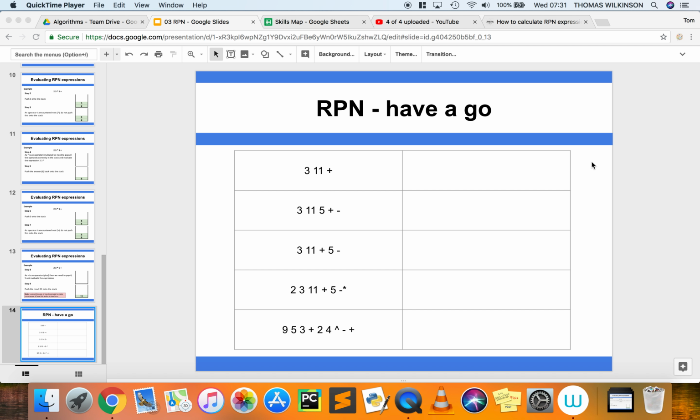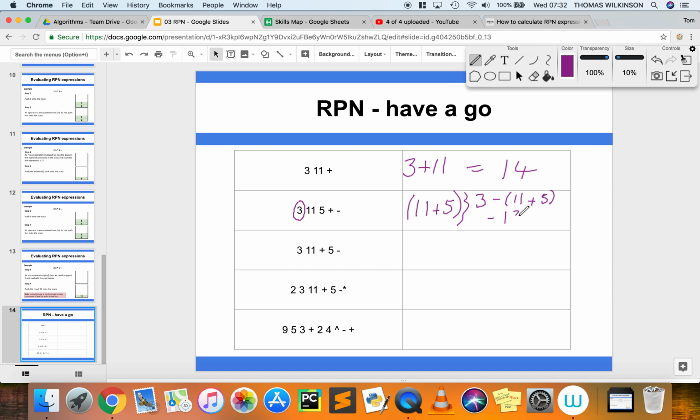And we've essentially got here 11 plus 5 to do first of all, and then we need to subtract the evaluation of that from 3. So if we were to actually write this equation out, it would look something like 3 minus (11 plus 5), which would give us an answer of, I believe, minus 13.